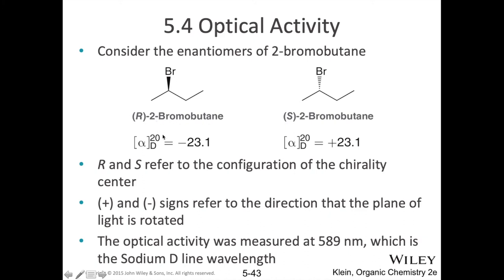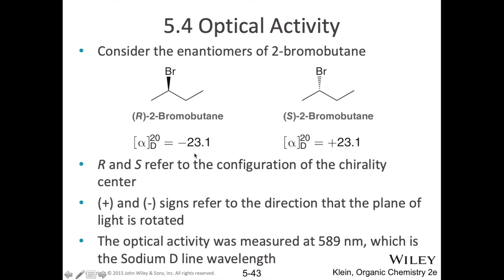It is recorded at 20 degrees Celsius using the D line of the sodium spectrum. Okay, and so you can see here that this S enantiomer also has the same parameters. So that's not really important. It's just to show that, okay, these are identical conditions, and so we can compare them. Now, here's what I mean by enantiomers deflecting light in opposite directions.